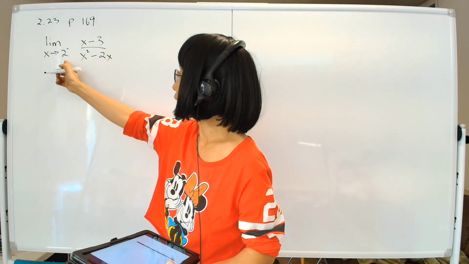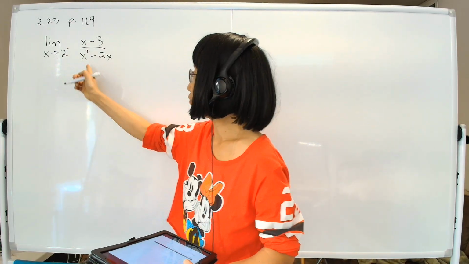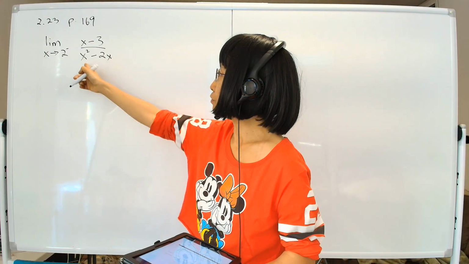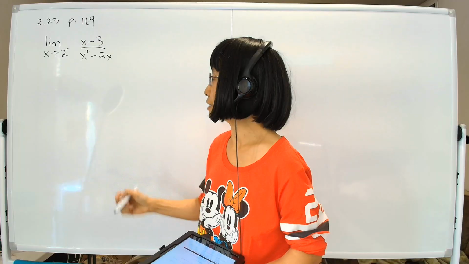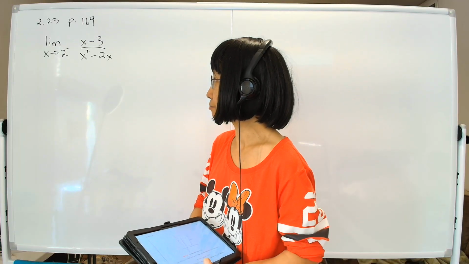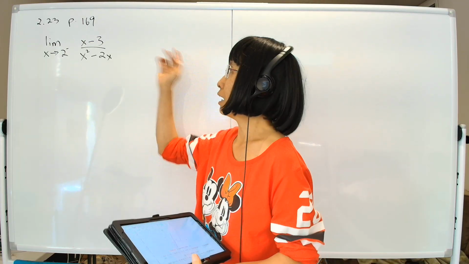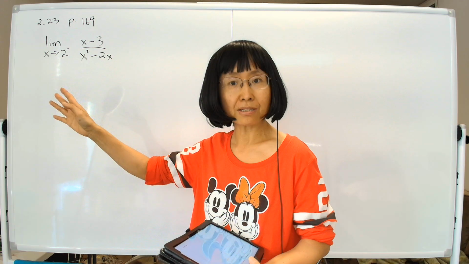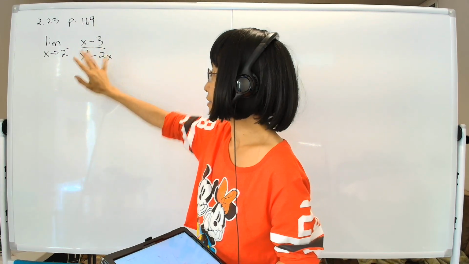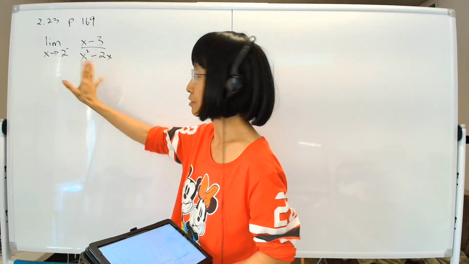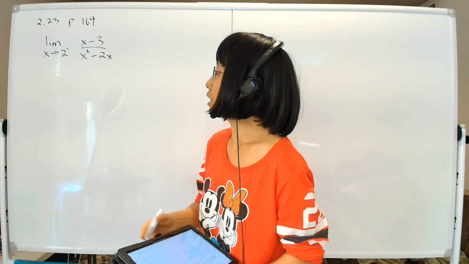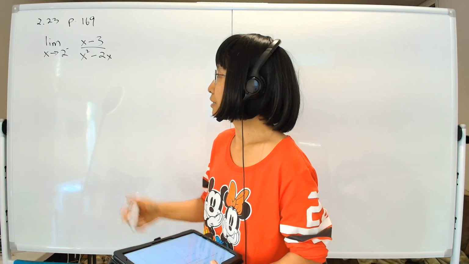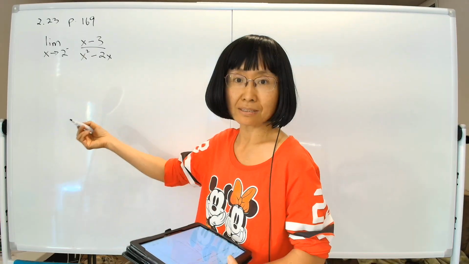Now, if you look at it quickly, if you plug in 2 here, 4 minus 4 is 0. So you're dividing by 0, which means you got a problem. And unlike some other examples we've done, there's no canceling here. Sometimes you can cancel out the 0. That's the one big trick. But if you cannot cancel out the 0, then your limit doesn't exist.